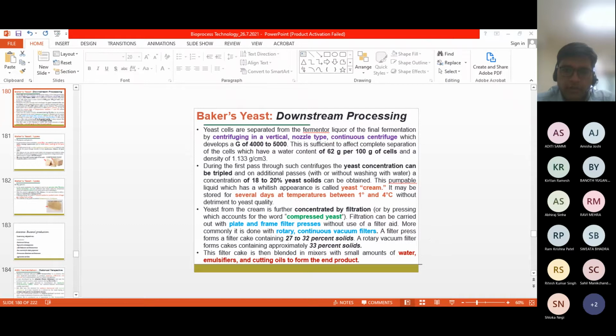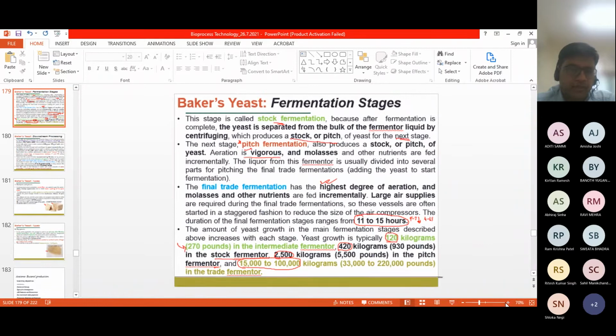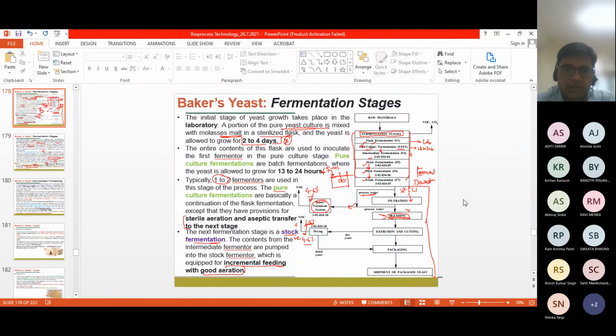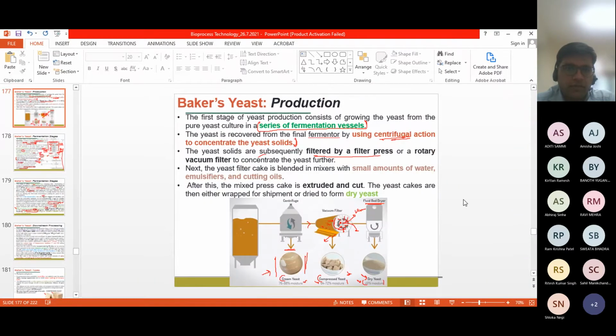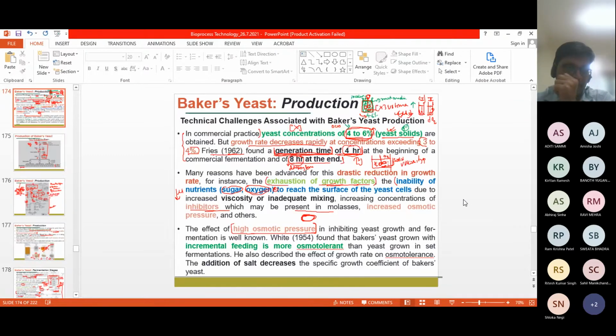class today. Before going to our further discussion on the Baker's yeast, let us look into what we have studied in our last classes. So if we see the overall view of the production of the Baker's yeast, we have seen that the Baker's yeast is nothing but the Saccharomyces cerevisiae biomass that is being produced.